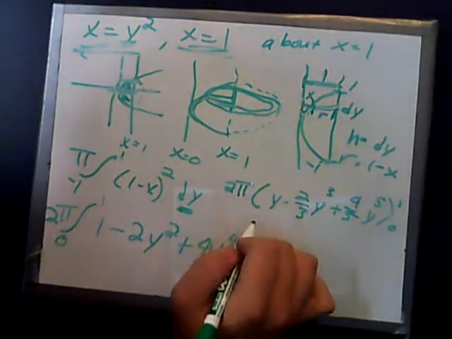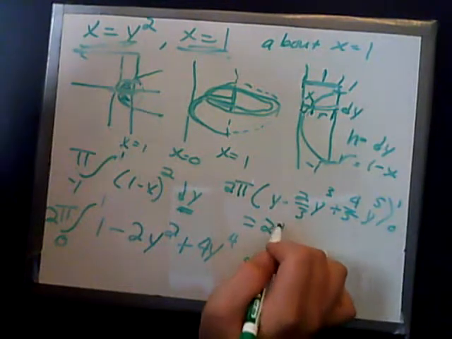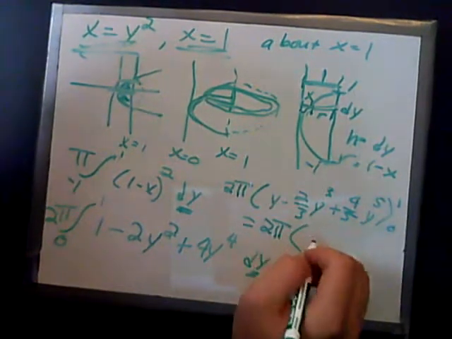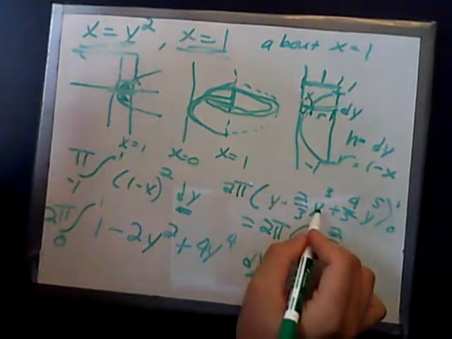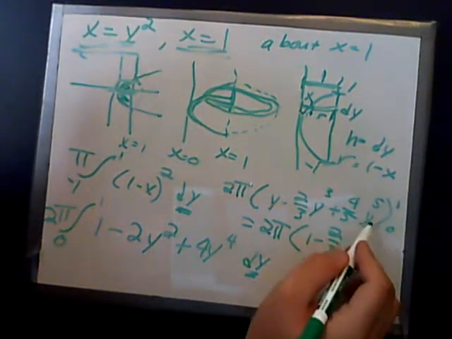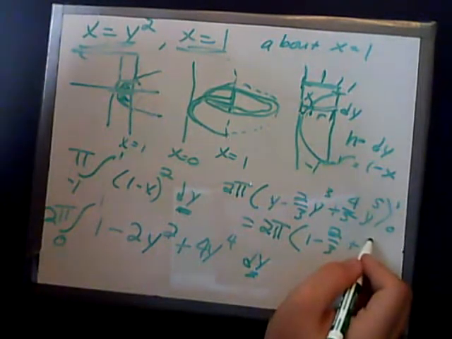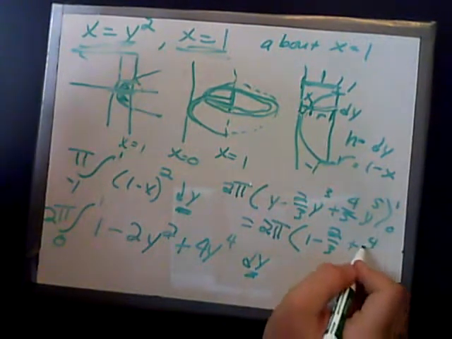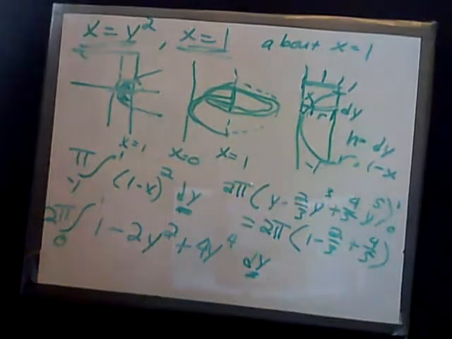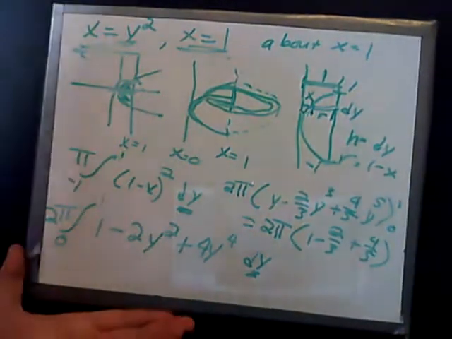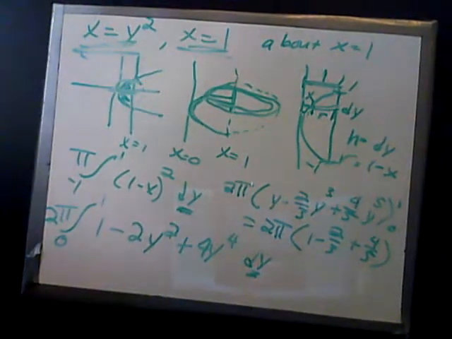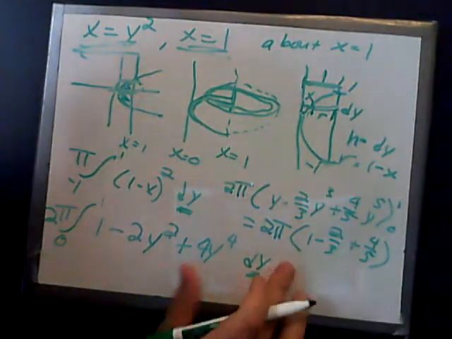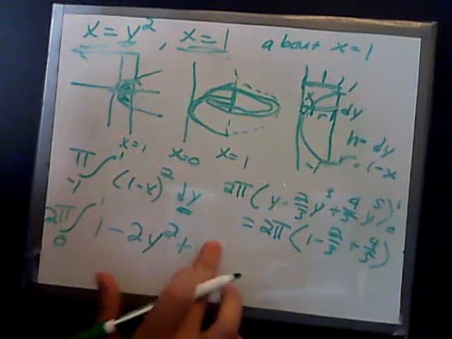So I get our final answer. This just becomes 2 pi times, if we plug in 1 for y, we get 1 minus 2/3, because 1 cubed is 1, and 1 to the 5th is 1. So this becomes plus 1/5. And now to finish off, all we do is add 1, -2/3, and positive 1/5. Our least common denominator will be 15ths.